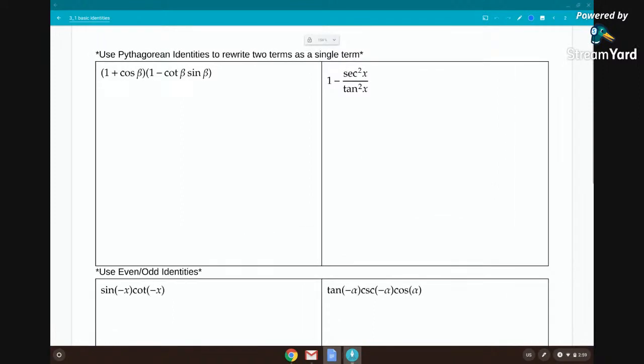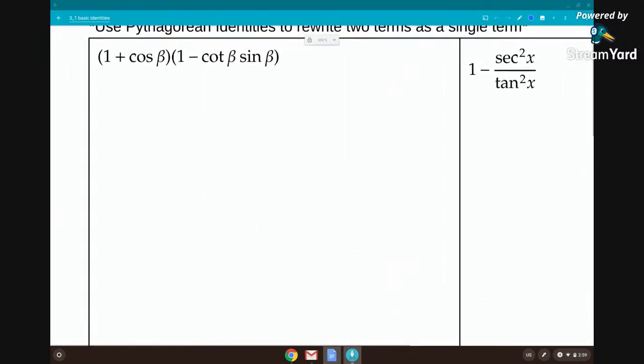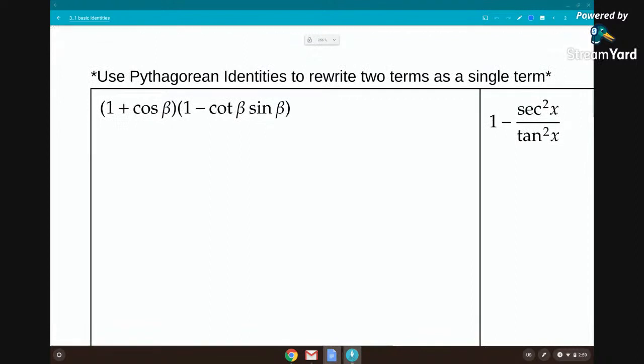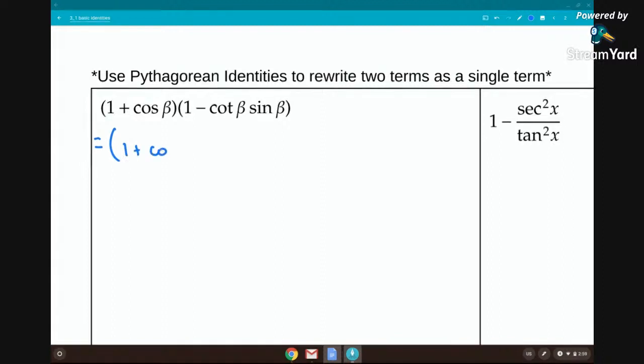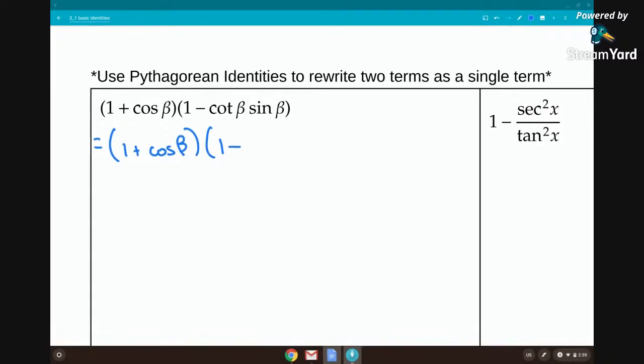All right, so now we're going to do multiple skills or multiple identities. I'm still going to follow the instructions to rewrite everything in terms of sine and cosine, and then we can proceed. So by the reciprocal property, cotangent is cosine divided by sine.